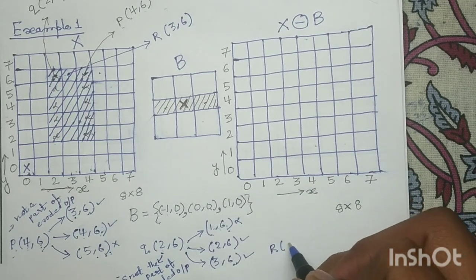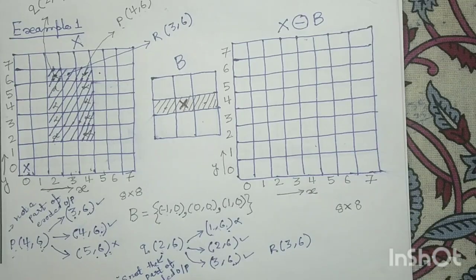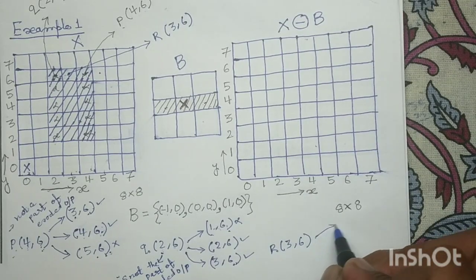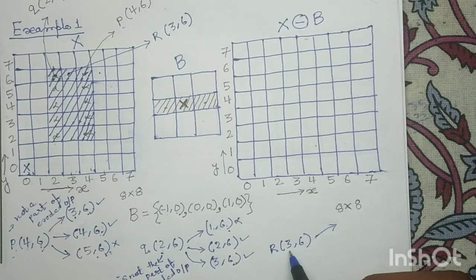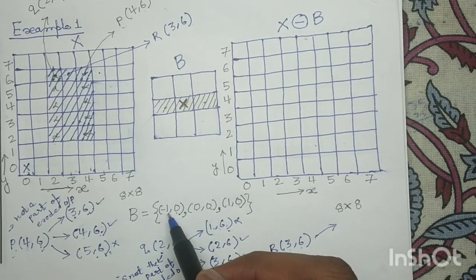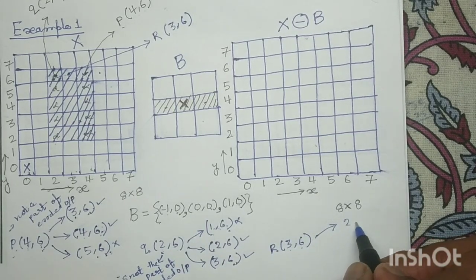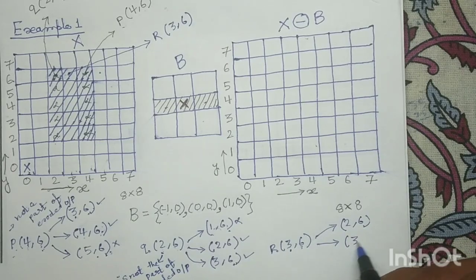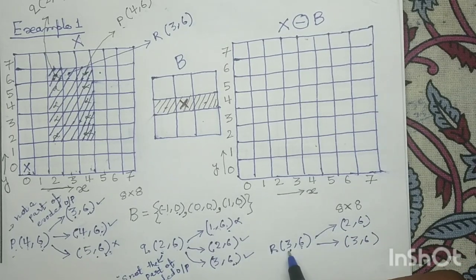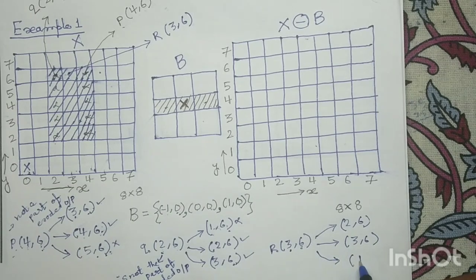In the similar way, we will perform the vector addition of 3, 6 with -1, 0, and we get the result 2, 6. With 0, 0, you will get 3, 6. And with 1, 0, you will get 4, 6.